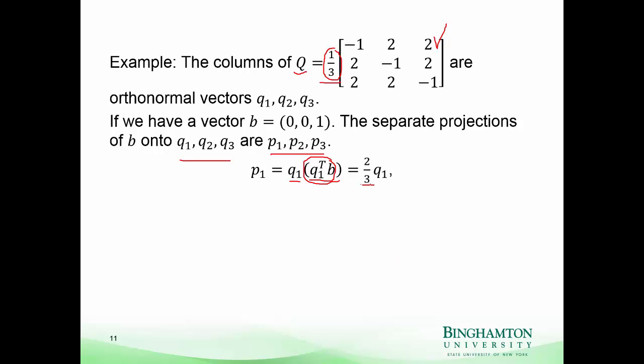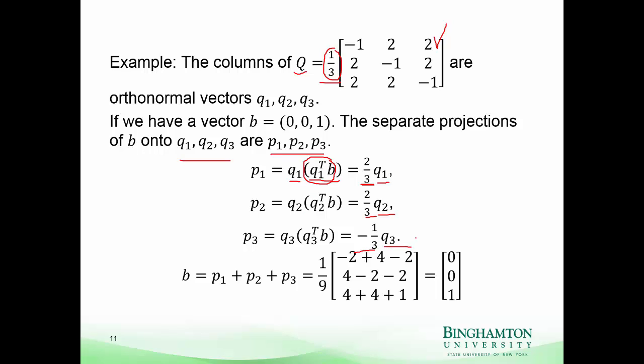So we take the number 2/3 times Q1. Then P2, we would find is also 2/3, but times Q2. And then P3 will be negative 1/3 times Q3. And so now, instead of representing B this way, we can represent it in terms of these numbers.